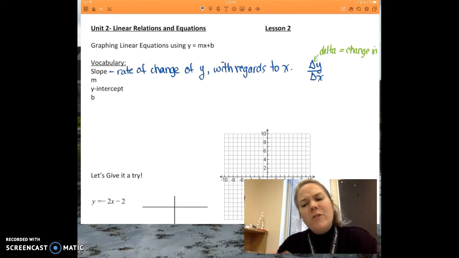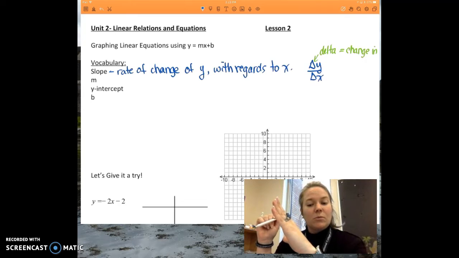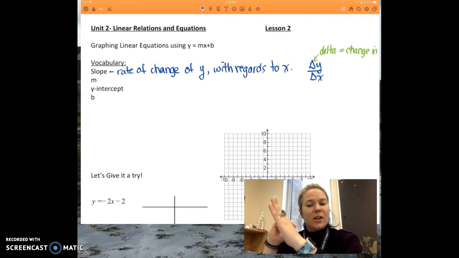And this visually looks like the steepness, okay? So if y is changing very slowly with regards to x, your line is going to have a very flat slope. If y is changing very quickly, your line is going to have a very steep slope.